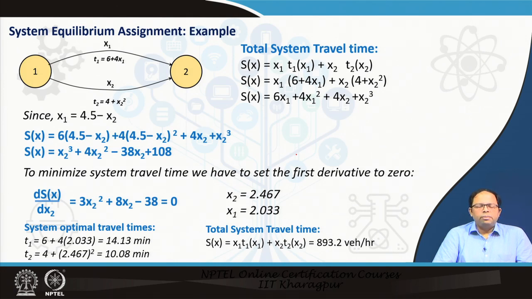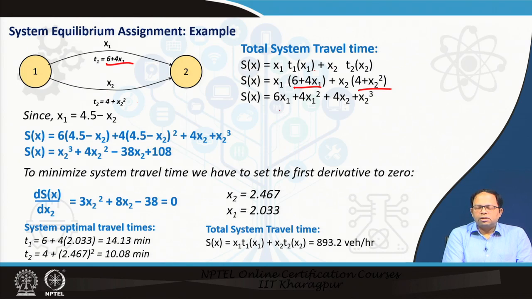So, in system equilibrium assignment, if I take the previous example, we have T1 equal to 6 plus 4x1 and T2 equal to 4 plus x2 squared. Now, the total system travel time formula was x1 into T1(x1) plus x2 into T2(x2). So, we can replace T1(x1) by 6 plus 4x1 and T2(x2) by 4 plus x2 squared.